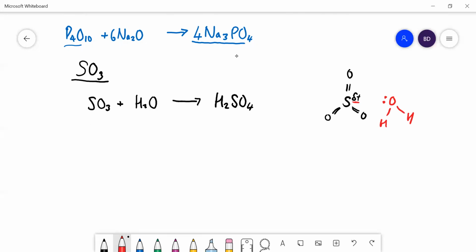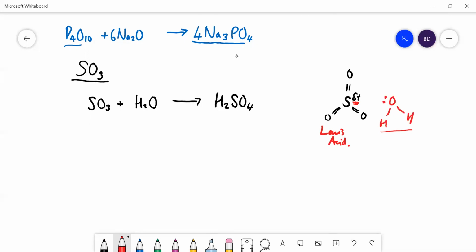Remember the case we said with silicon? Silicon can't react with H2O. You need a stronger base, you need OH minus, because with the silicon you mustn't have such a strong delta positive on the silicon atom as you do on the sulfur atom. So SO3 is a Lewis acid, pretty good at accepting lone pairs of electrons. Right, so that is sulfuric acid.